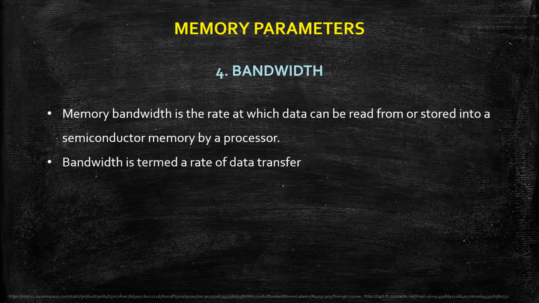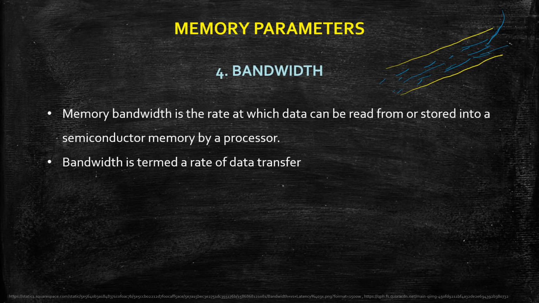See, suppose let's say here you have a water pipe, and the water is flowing this way. So this is the flow of water. Simple, right? Now you have another pipe.